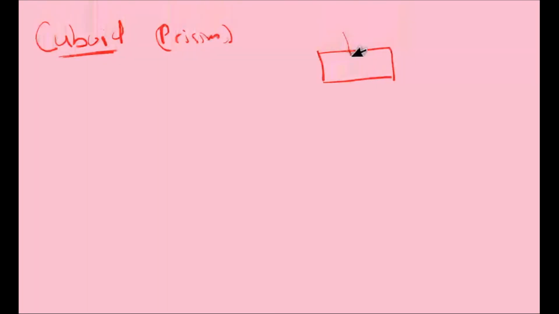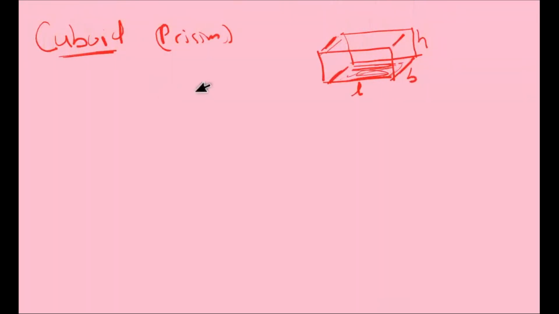Now, if you have a book, that is the cuboid shape. Okay, this is your base, rectangle. Let this be length, this breadth, and this height.